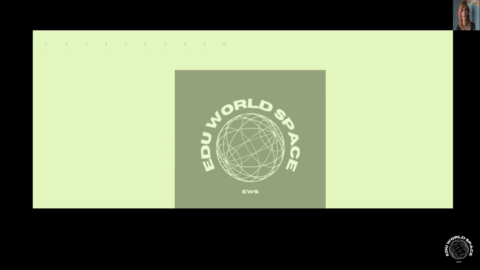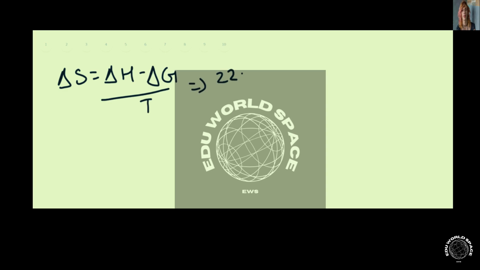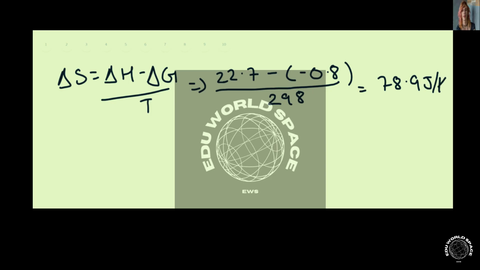Further, we calculate the delta S value. So delta S equals the value of delta H minus the value of delta G divided by the temperature. So it is 22.7 minus 0.8 divided by 298. Delta S value turned out to be 78.9 joules per Kelvin.